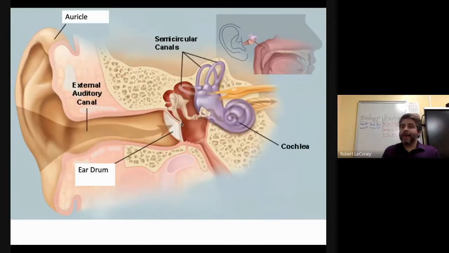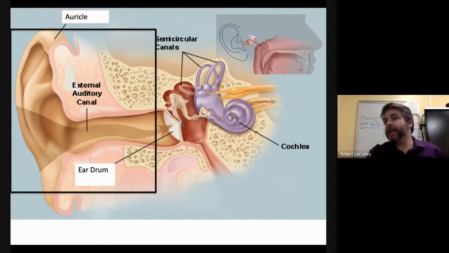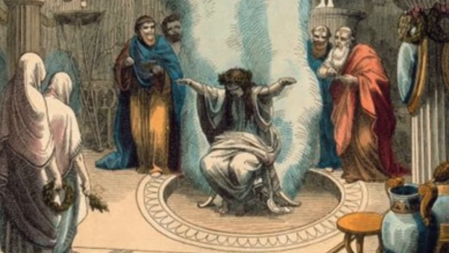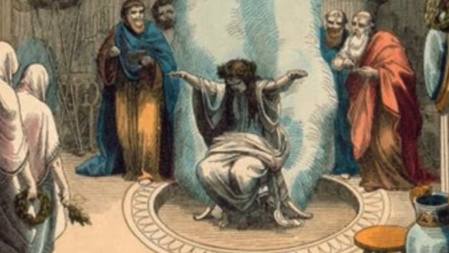So what we got here is the picture I actually drew on the board. That's what I was looking at before. And your external ear is made up of the part that you are aware of, that you're used to seeing, which is actually called the auricle. Sounds kind of like oracle, right? You guys know what the oracle is? Greek mythology. The oracle was a woman who could hear the voice of the gods.